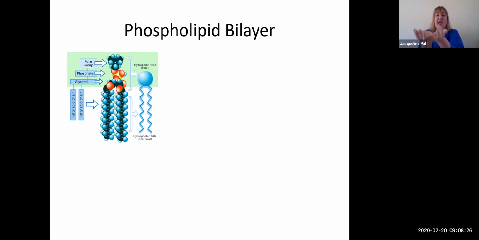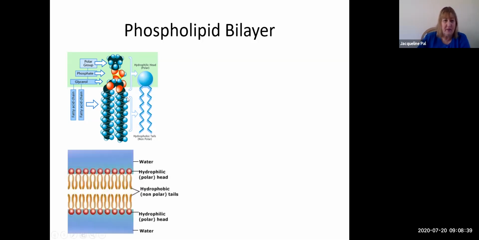Well, if you were to take a handful of these phospholipids and dump them into water, they spontaneously form a phospholipid bilayer, where the heads, which like water, are in the water, and the tails, which are the lipid part that hate water, are protected from the water.